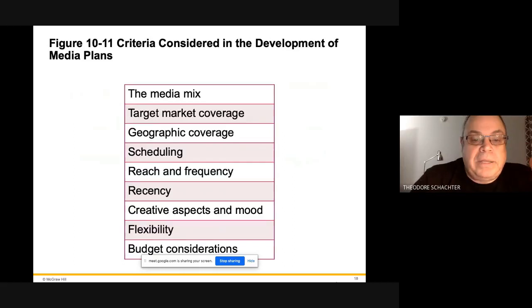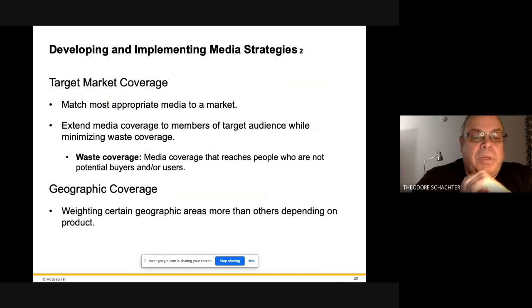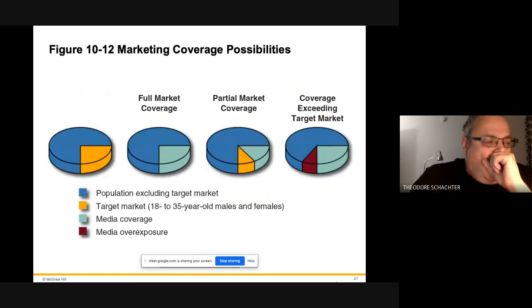So let's look at this as you go through it. Okay, this chart right here gives us a very visual description of what we've been discussing.